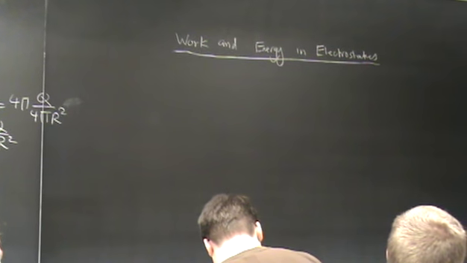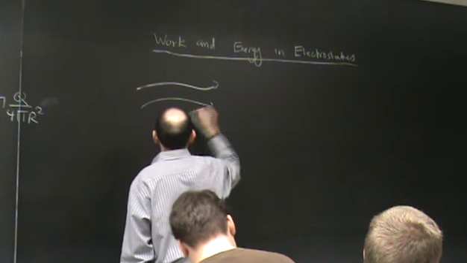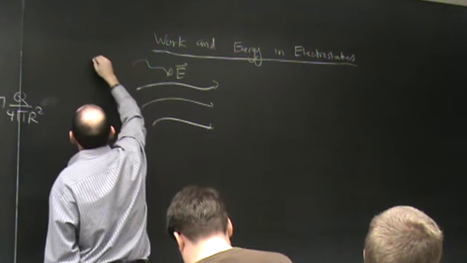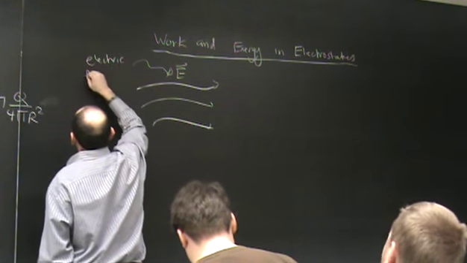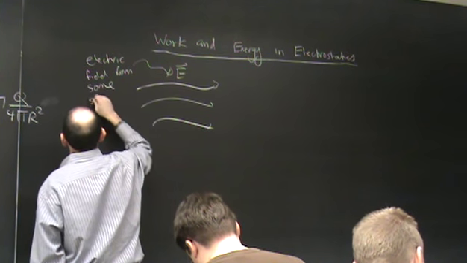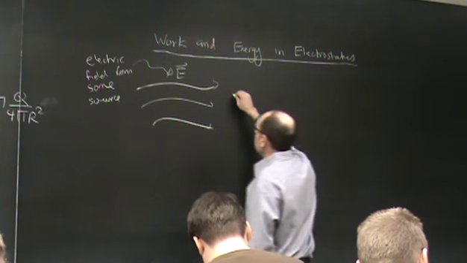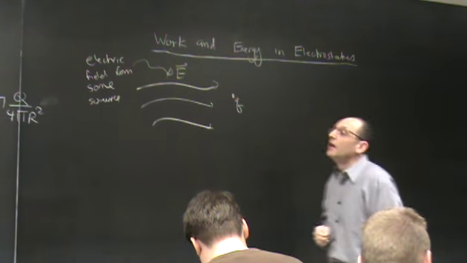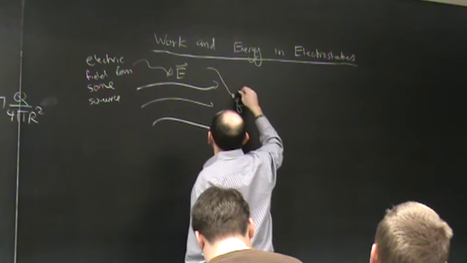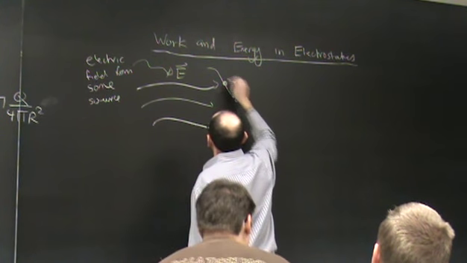So, if we have some source which is producing some electric field, this is the electric field from some source. Okay, and now there is some charge Q here, and I want to move this charge from point A to point B.